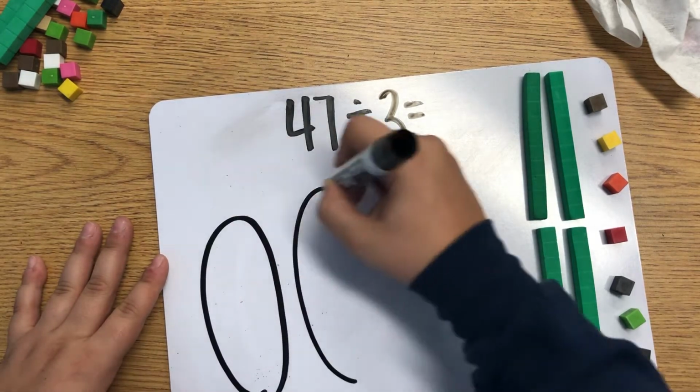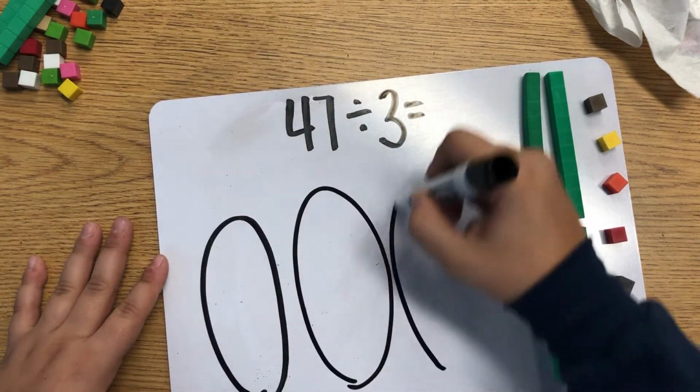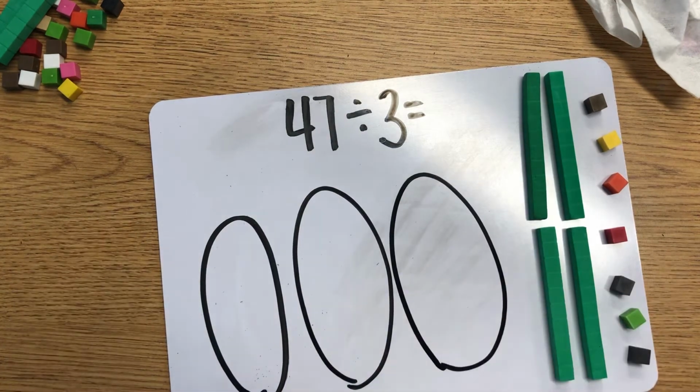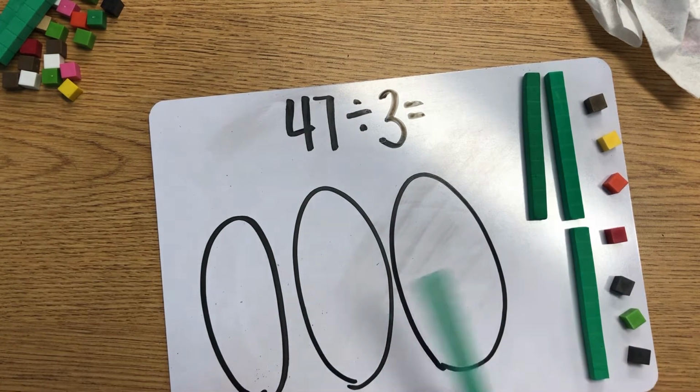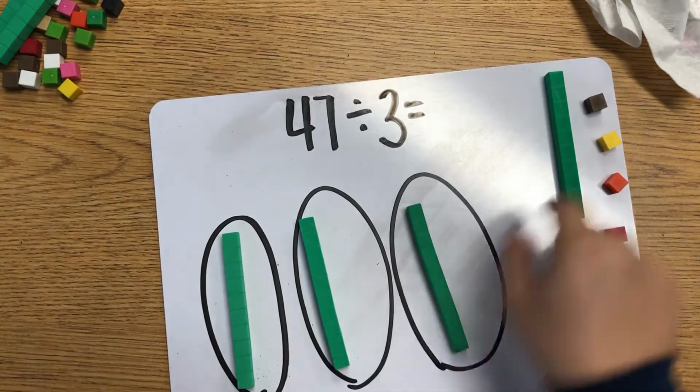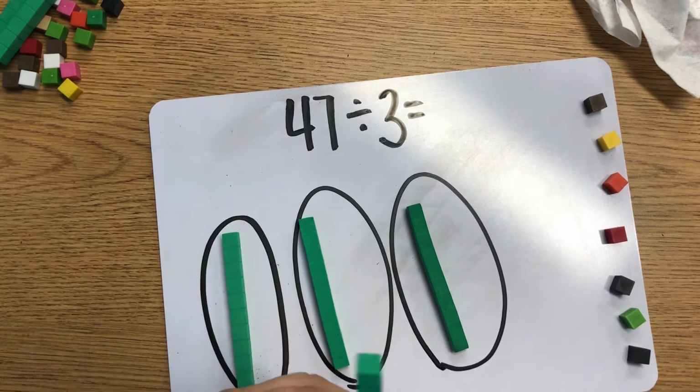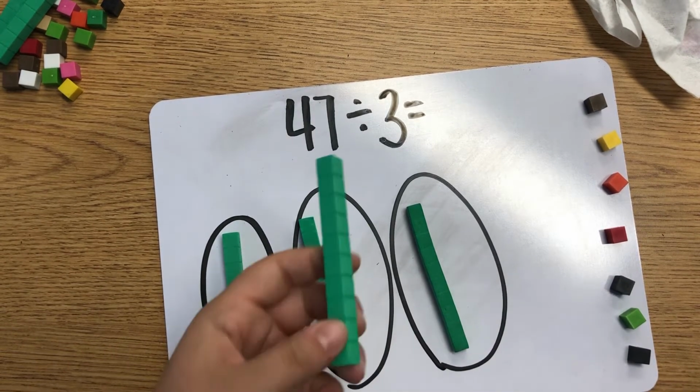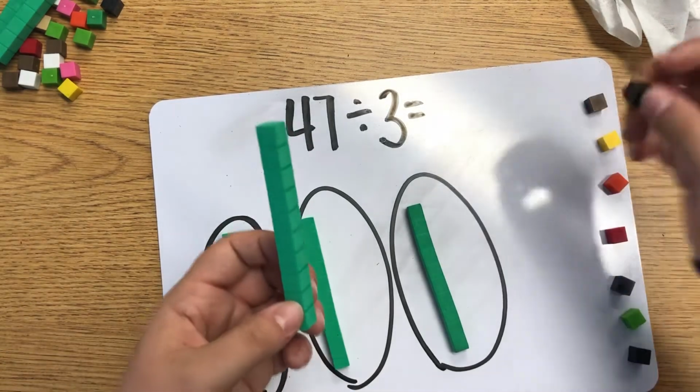So 1, 2, 3. And this one's not going to be as easy as the last one because I've got 10, 20, 30. But all I have to do is switch this one out for 10 1s. So let's see.